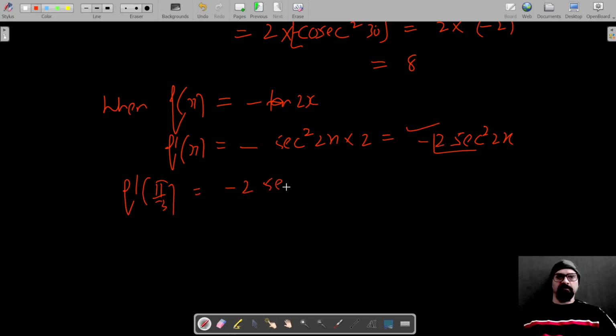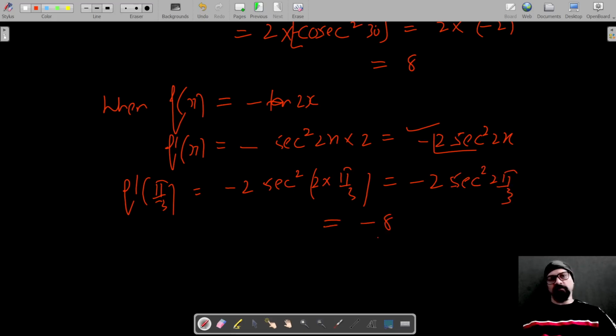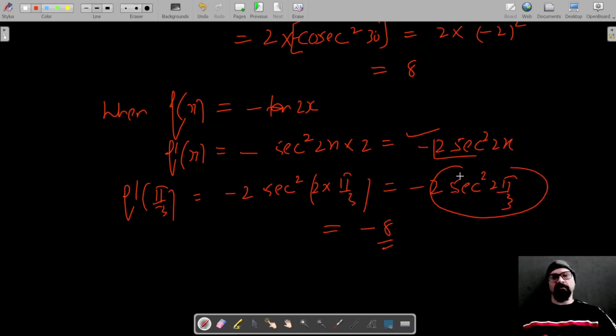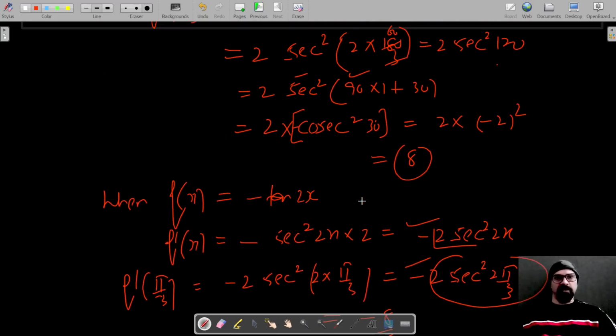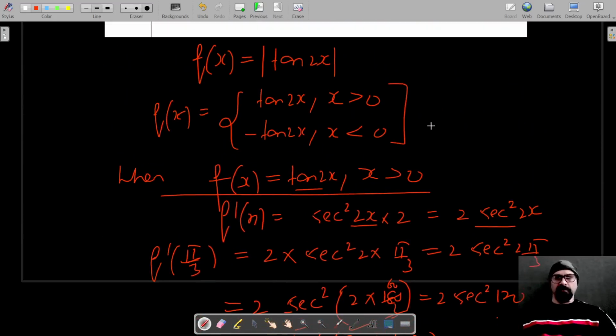So negative 2 secant square 2 into pi by 3, which gives me 2 secant square 2 pi by 3, and that should be equal to negative 8, because we have already evaluated this, which is 8. So multiply this with negative sign, so negative 8. So this function has the value 8 and negative 8 at x is equal to pi by 3.